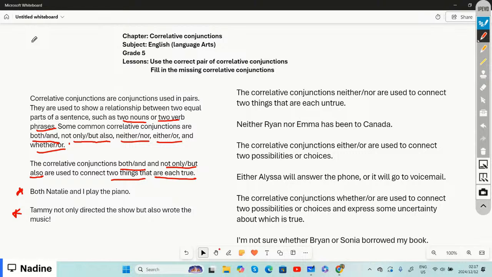If we were to use the correlative neither nor, this is to connect two things that are untrue.